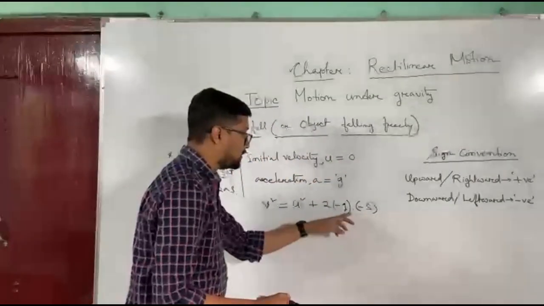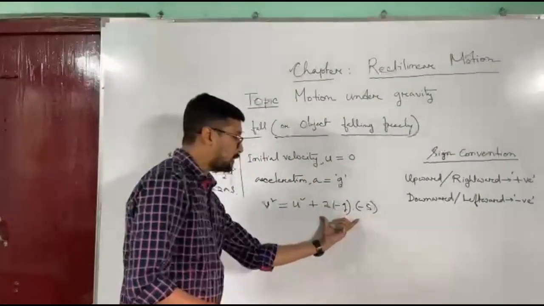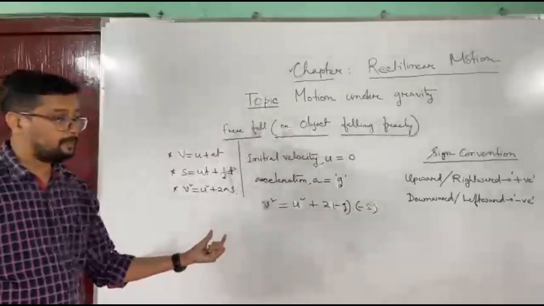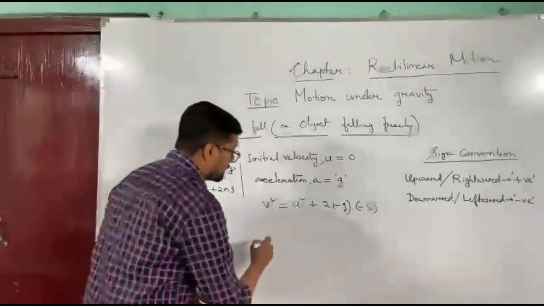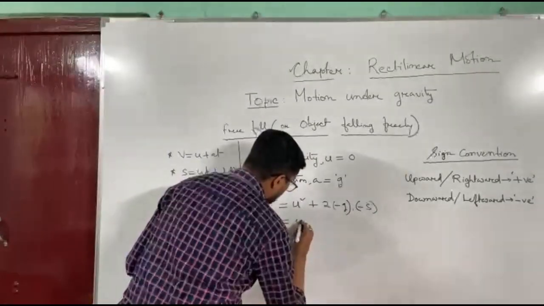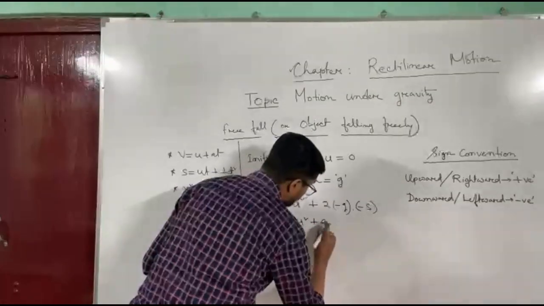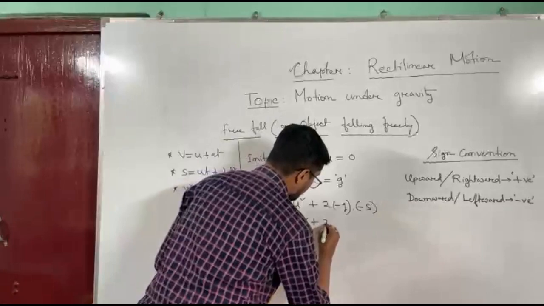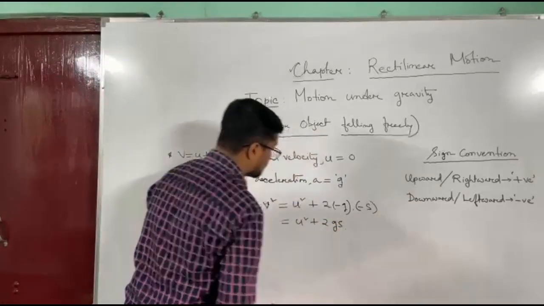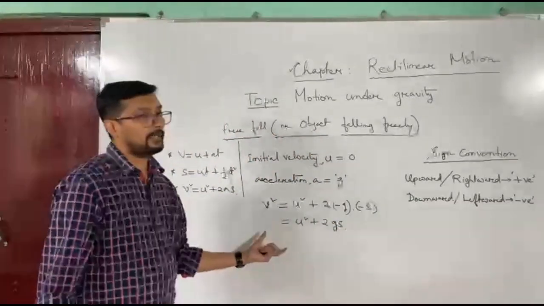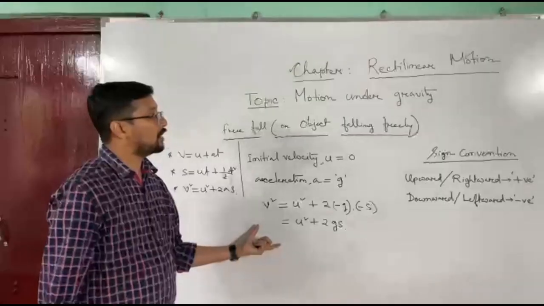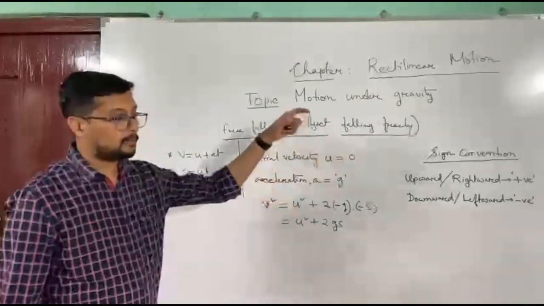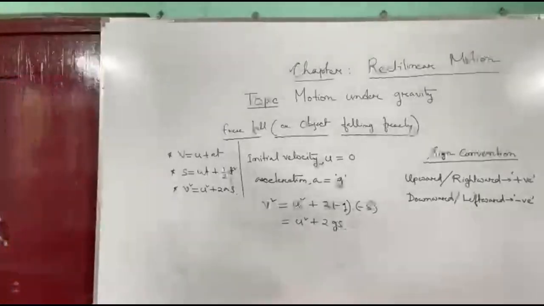So this minus and this minus make this term positive, this term is already positive, and this term is also positive since it is squared. So basically the equation remains the same. So this is your third kinematic equation for an object which is falling freely from a certain height.